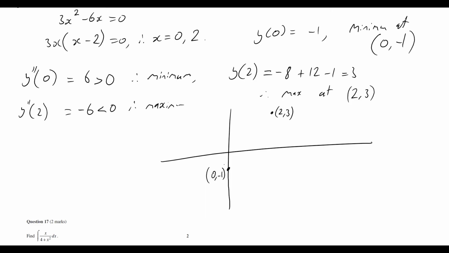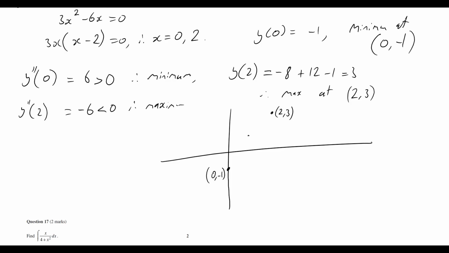But we know that if we've got a minimum over here and a maximum over here, then we should most likely have an inflection point right in the middle here. So the inflection point will occur right in the middle of these 2 points here at (1, 1). So just by taking the average of these 2 positions. Now this doesn't necessarily work for every type of function, but with a polynomial like this, it's going to be fairly predictable.